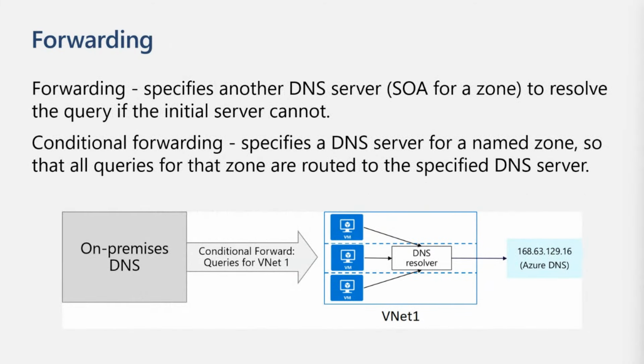Forwarding specifies that another DNS server or an SOA for a zone resolves the query if the initial server cannot. The second is conditional forwarding, which specifies a DNS server for a name zone so that all queries for that zone are routed to the specified DNS server. This diagram maps out what the conditional forward looks like.